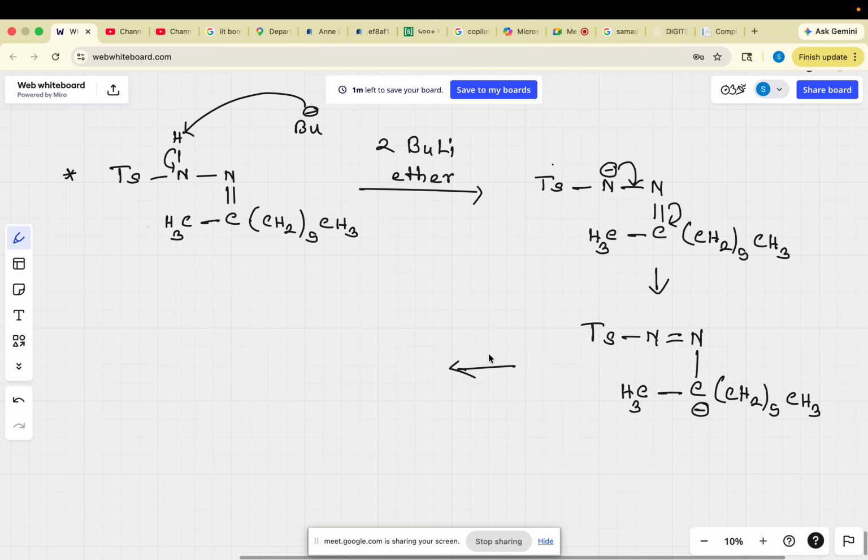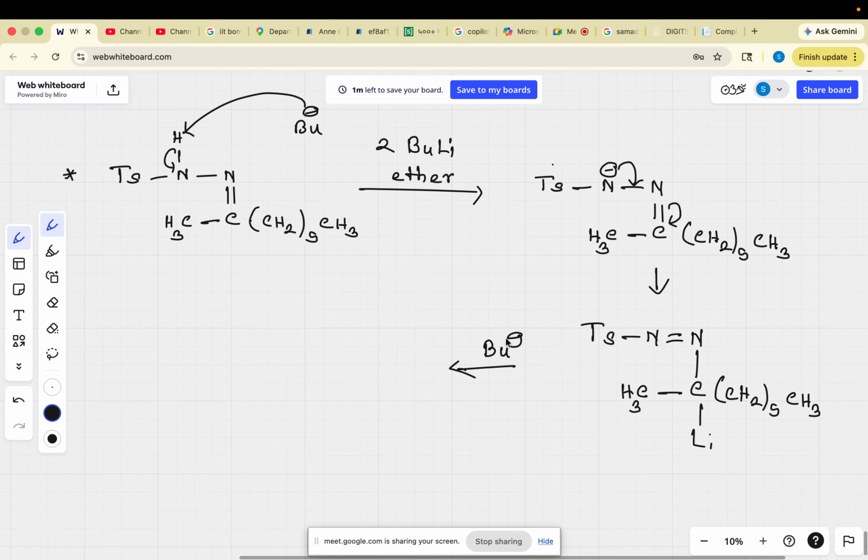Now the question is, from which side this butyl minus will take up the proton, from this side or this side? From which side it will abstract the proton, from this methyl or from this CH2? This negative charge you can show like this with lithium, because lithium is positively charged, carbon automatically will get negative.